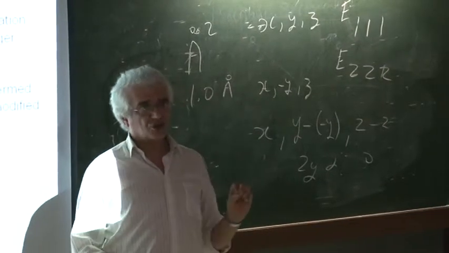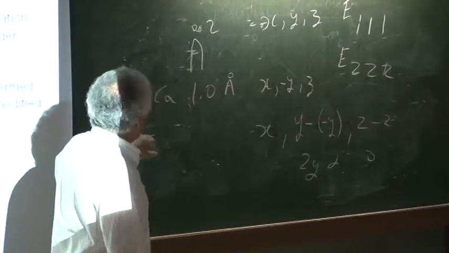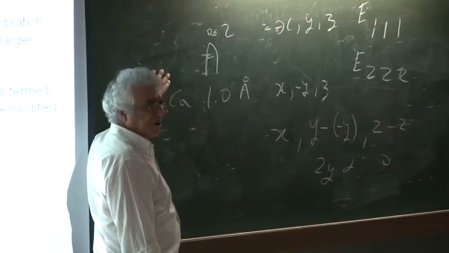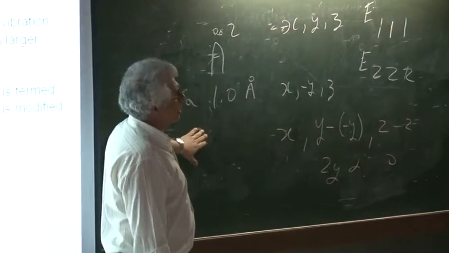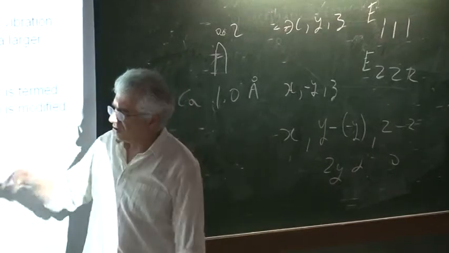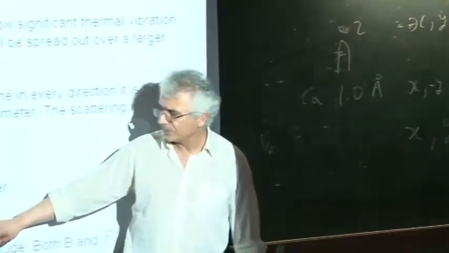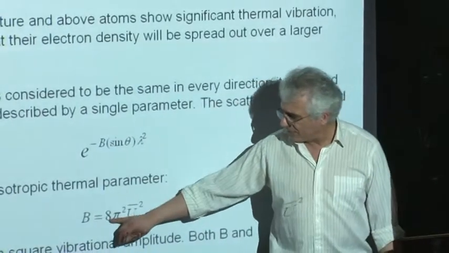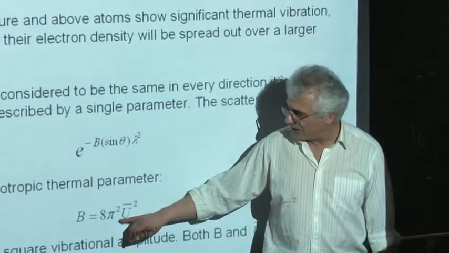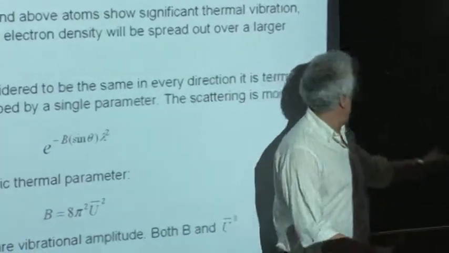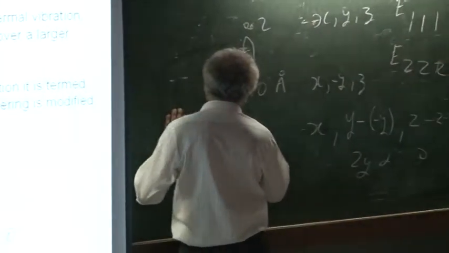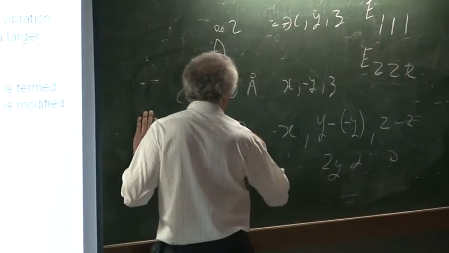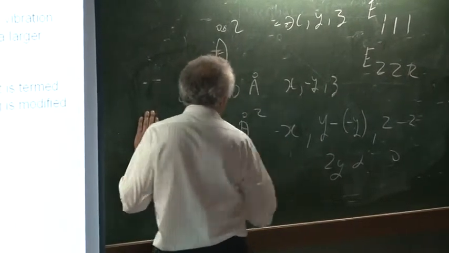A lot of the structures that you see, in the older crystallographic programs, you'd see B values. These days you see something called U iso, and 8 pi squared times U equals B, and these are typically around about 0.02 angstrom squared.